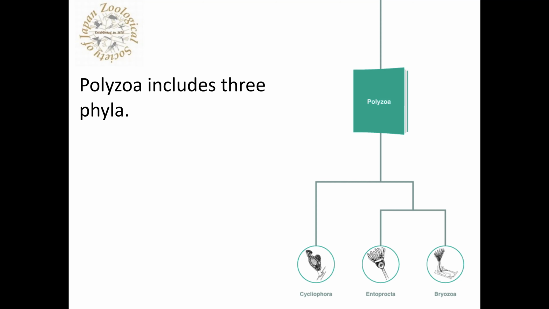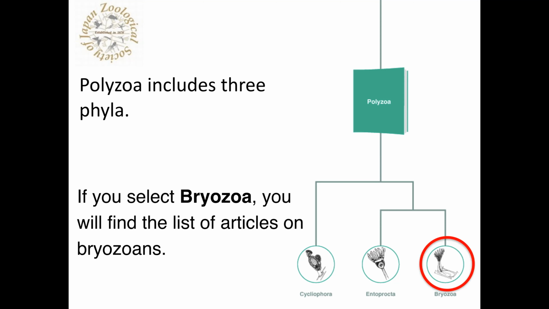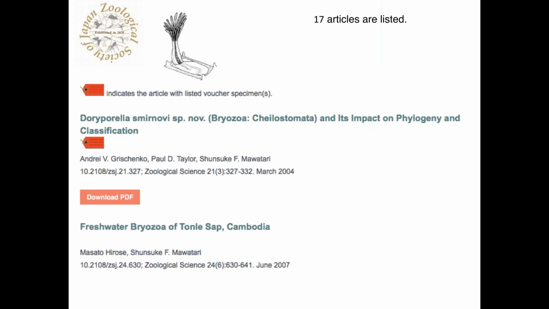If you click on any of these drawings of the phyla, you will find a list of the articles on that specific phylum, in this case Bryozoa. If you click on Bryozoa, you find there are 17 articles published inside Zoological Science dealing with Bryozoa.